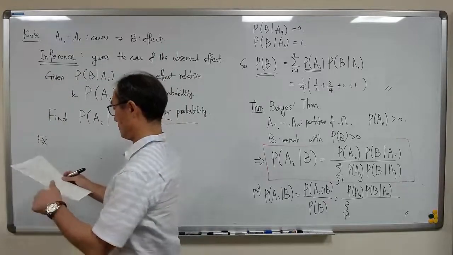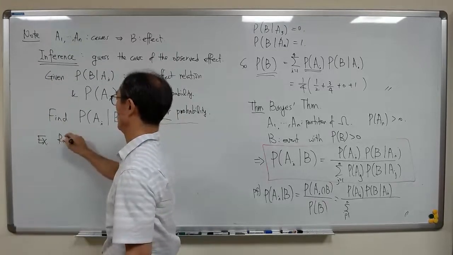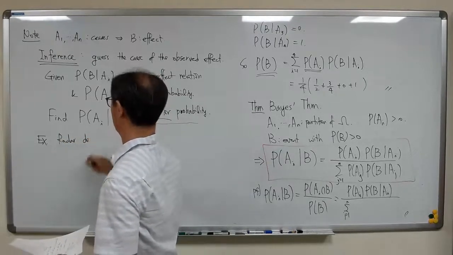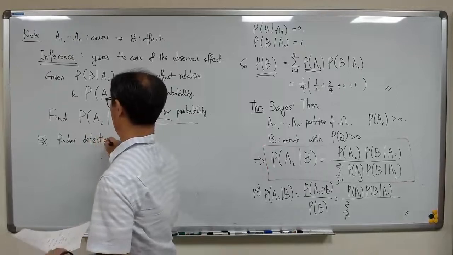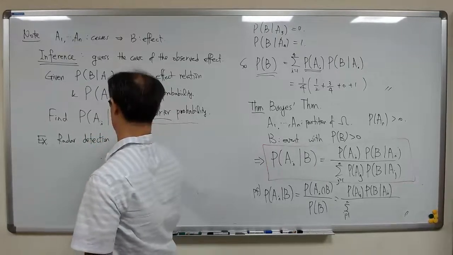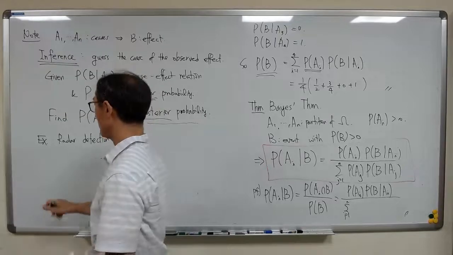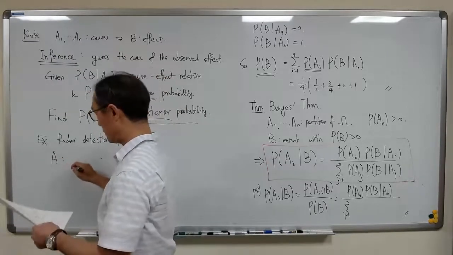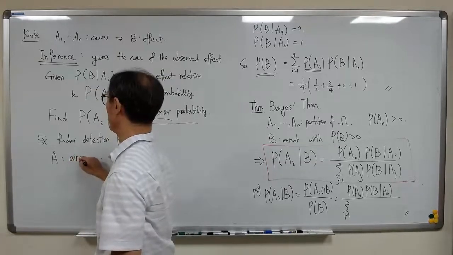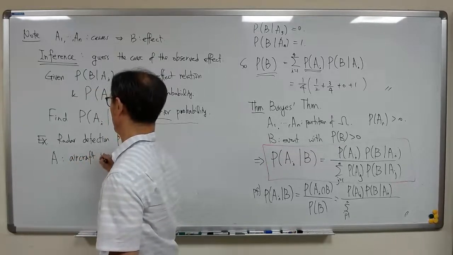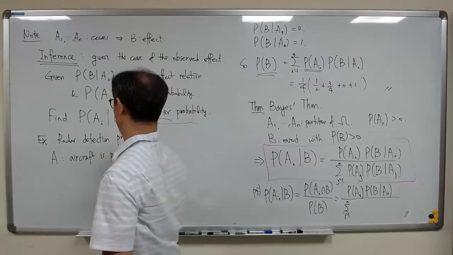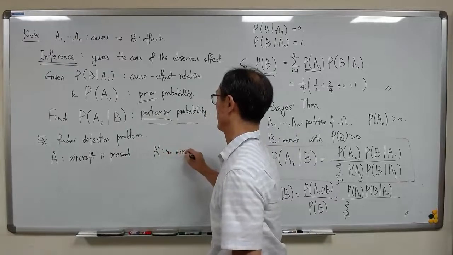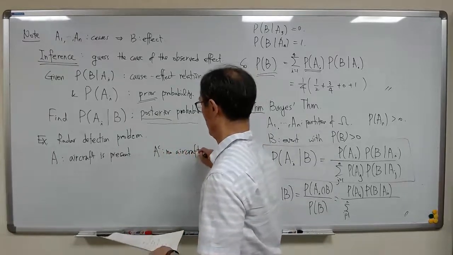Let's consider this example, the radar detection problem again. Event A is the event that an enemy aircraft is present, which means A complement is no aircraft.